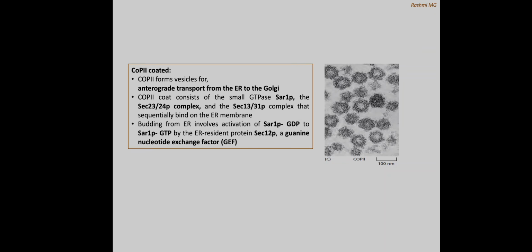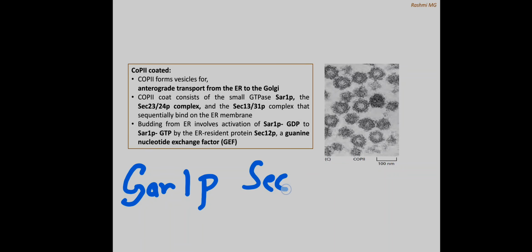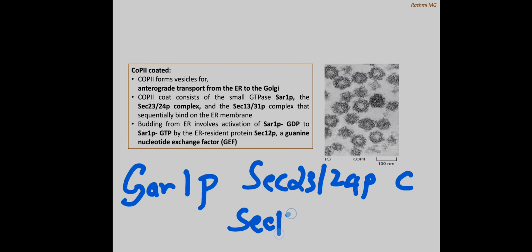COP2 coated transport vesicles. How are they made up? They are made up of small GTPase SAR1P, the SEC23/24P complex, and the SEC13/31P complex.